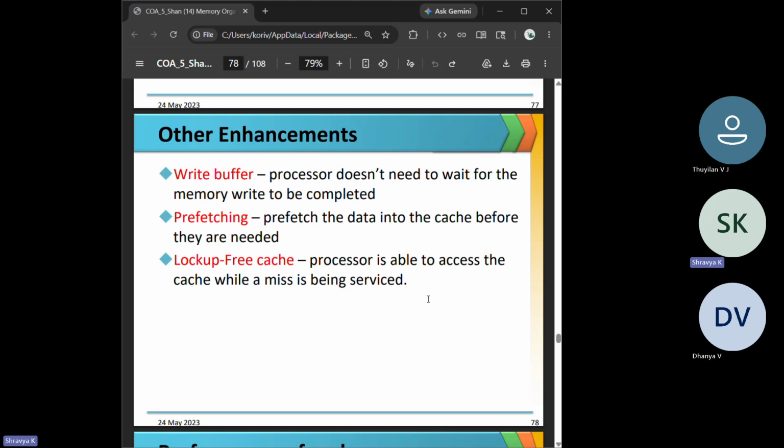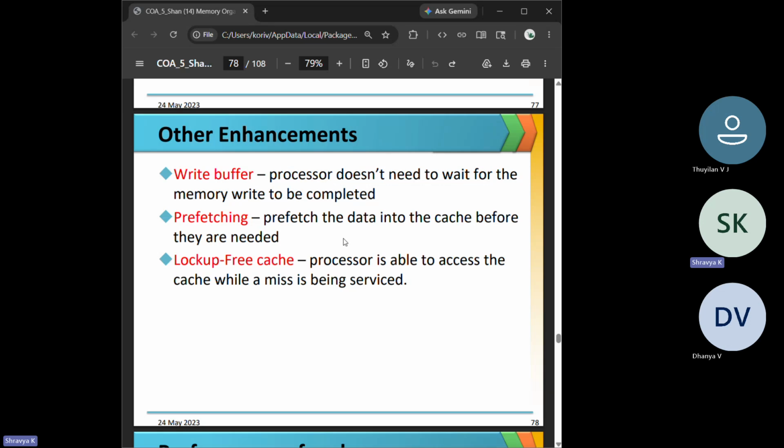Instead, if we have a write buffer, the processor can just put its information in this buffer and leave, and do whatever other work it has to do. The write buffer can handle writing it into the memory whenever it's possible, so the processor doesn't have to be engaged in this. The write buffer will take care of the waiting. So that is one enhancement.